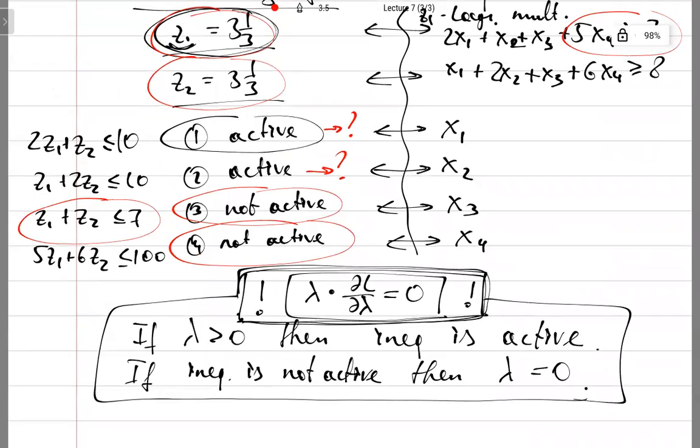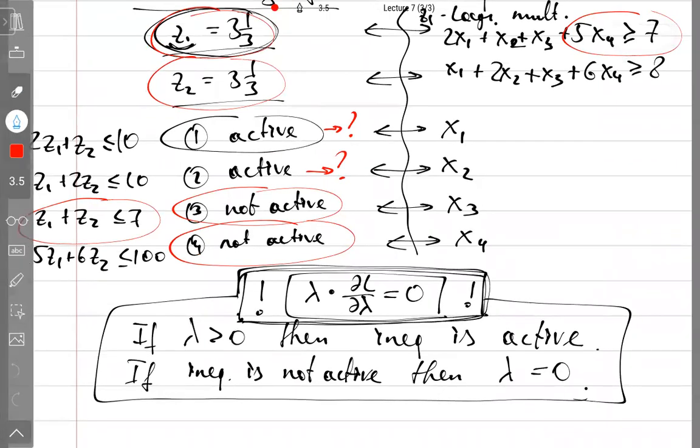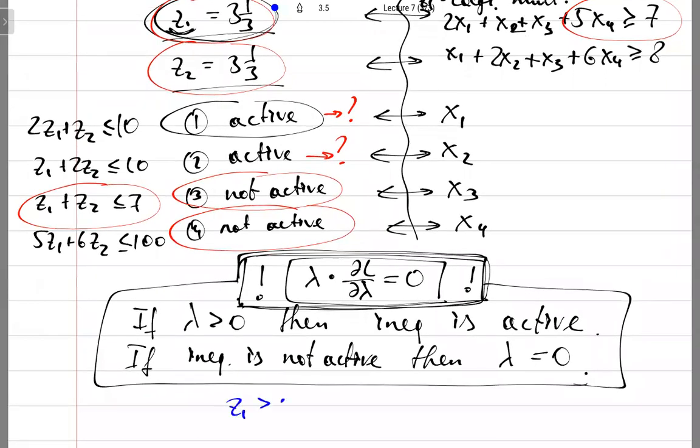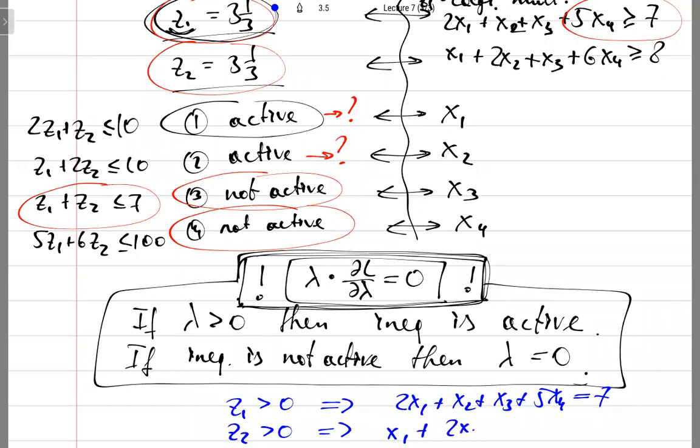So what is my logic to go back to the original problem? That one is positive, so I can conclude 2x1 plus x2 plus x3 plus 5x4 is 7. Z2 is greater than 0, so I conclude that x1 plus 2x2 plus x3 plus 6x4 is 8.